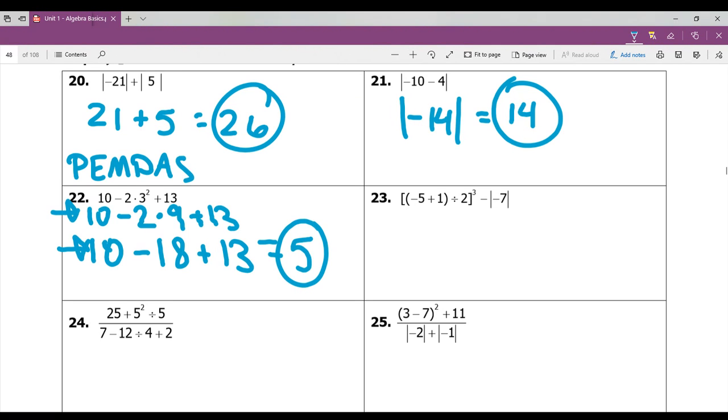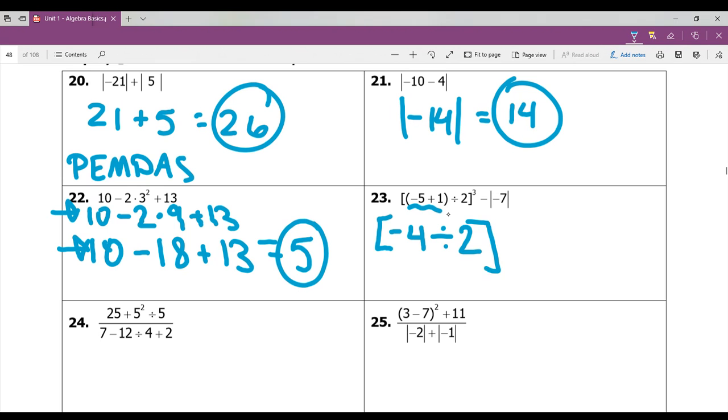Alright, number 23. There's a lot going on here. You have a pair of brackets with an exponent, and then inside the brackets is some other stuff going on. So we have to go inside to the innermost set of parentheses. Right here. Negative 5 plus 1 is negative 4.